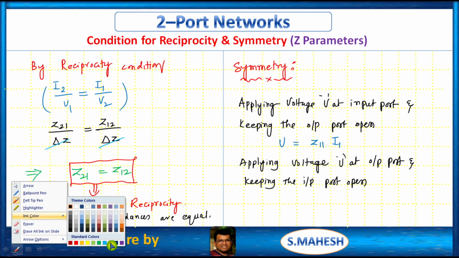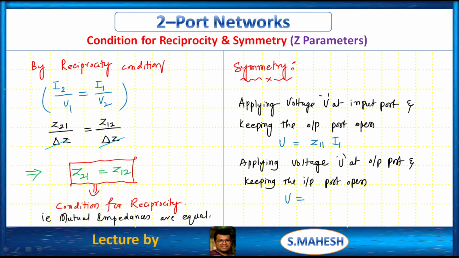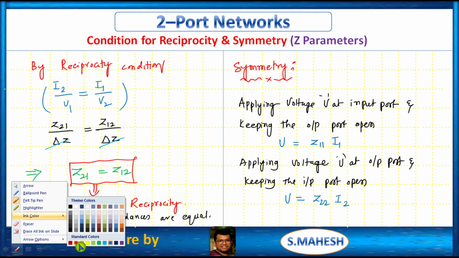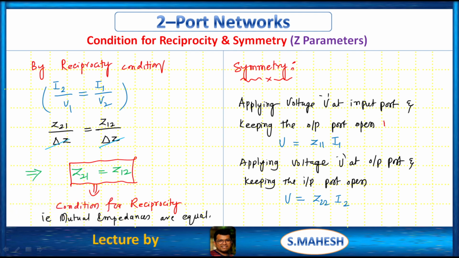From this, V equals Z22 I2, since it is the output port. From this, Z11 is V by I1, and Z22 is V by I2.